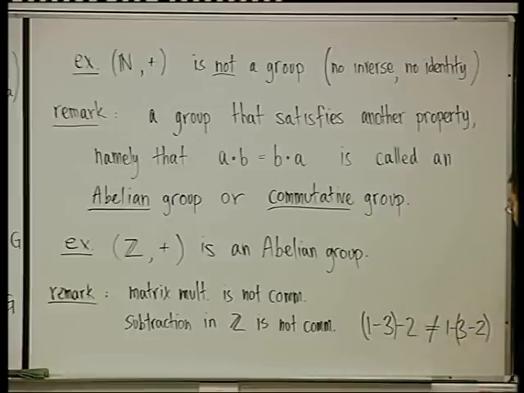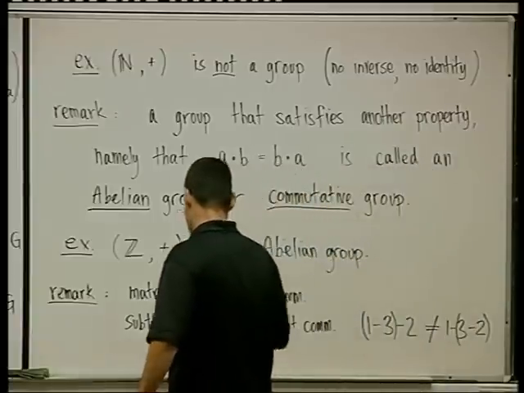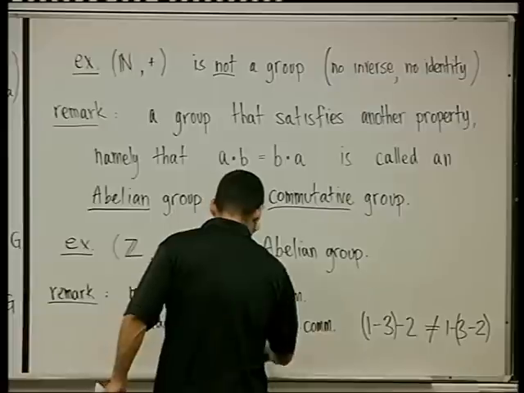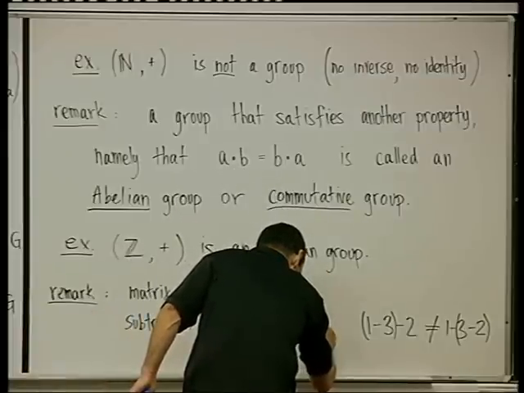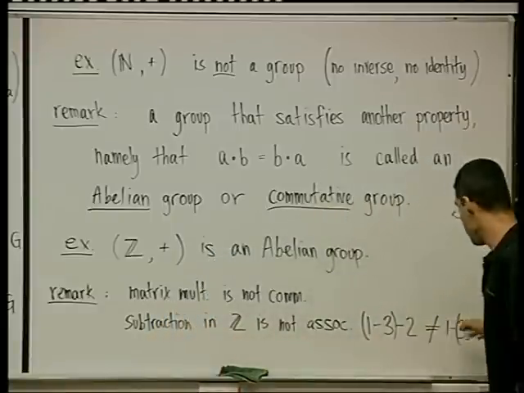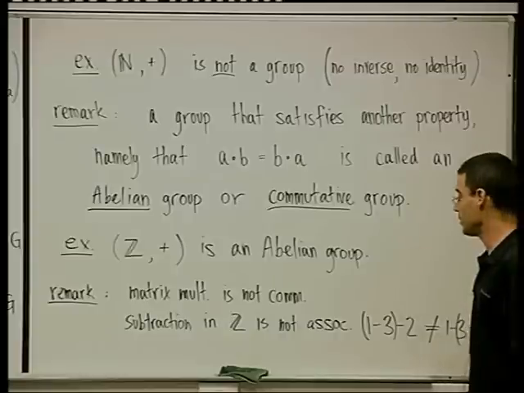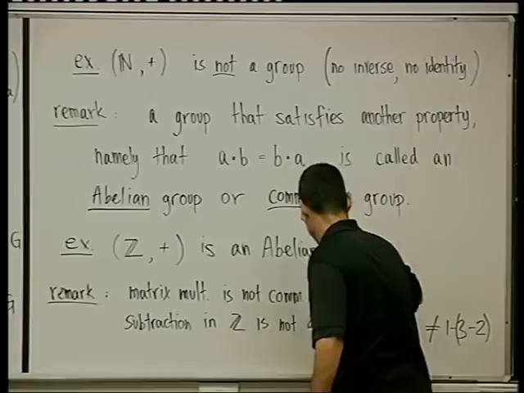Oh, this is not associative. Sorry, I'm sorry, you're right. So matrix multiplication is not commutative. Subtraction in Z is not even associative. So there we go. We have things that are not associative and we have things that are not commutative. So this we will see later.